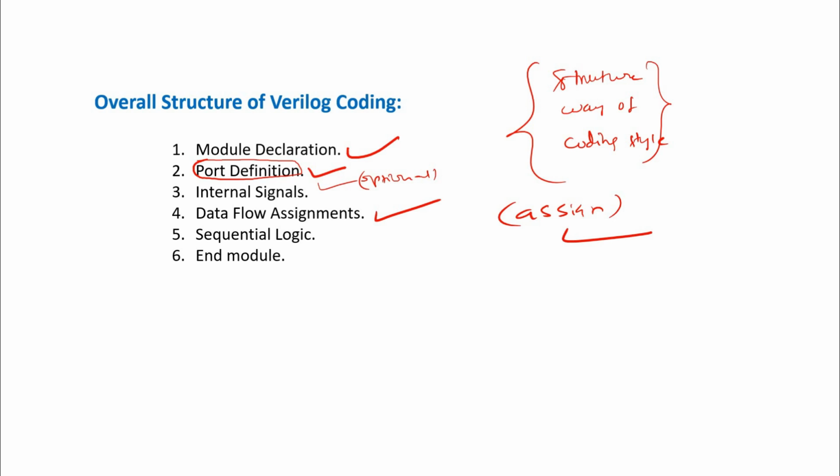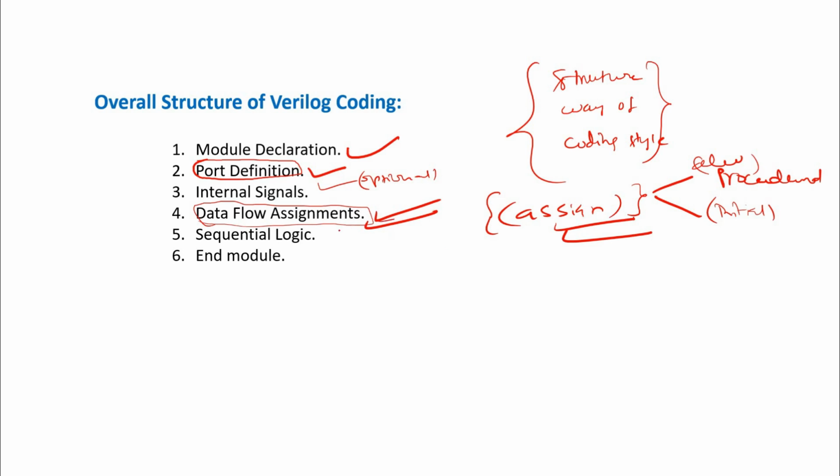The assign statement is used to specify the continuous assignment of a value to a net or wire type. We are not going to use this assign in procedural blocks. Procedural blocks are always blocks and initial blocks. We will see what procedural blocks and assign are in upcoming videos. For now, these are the data flow assignments.